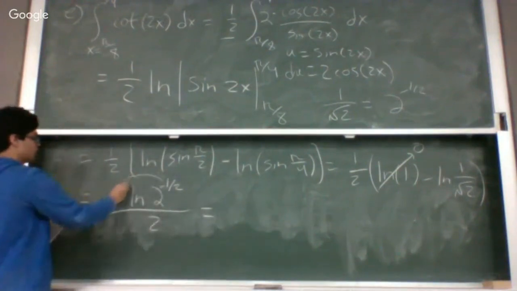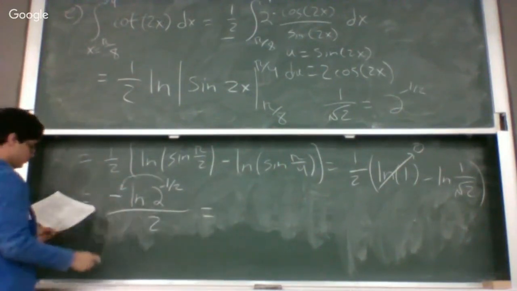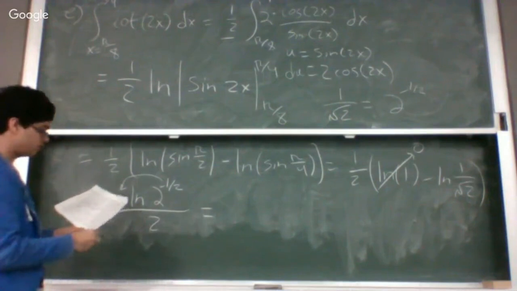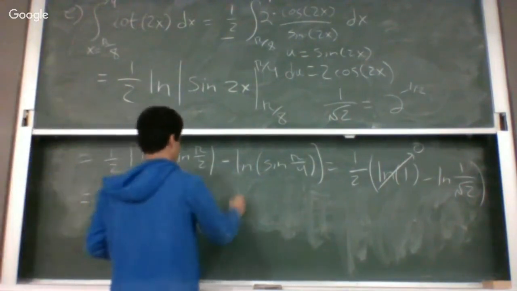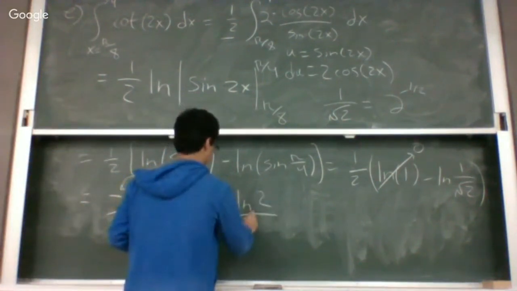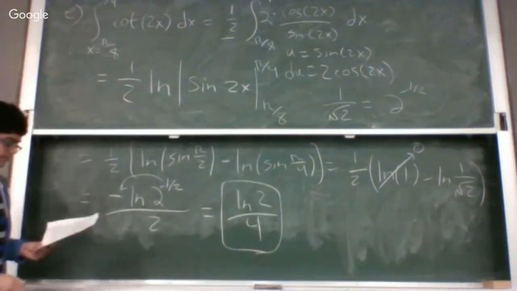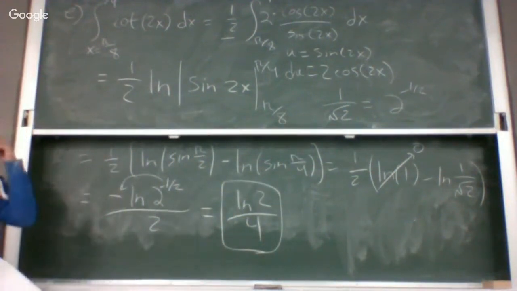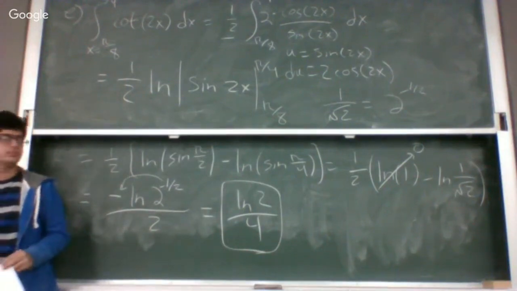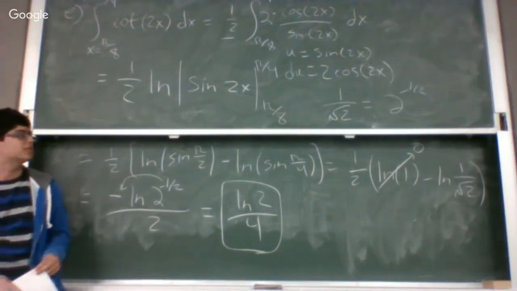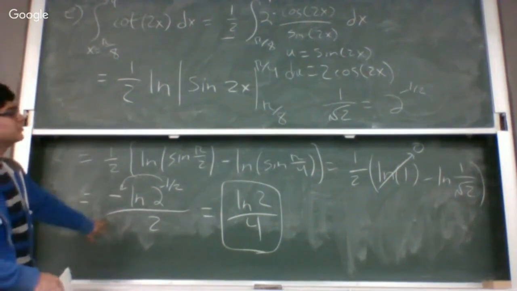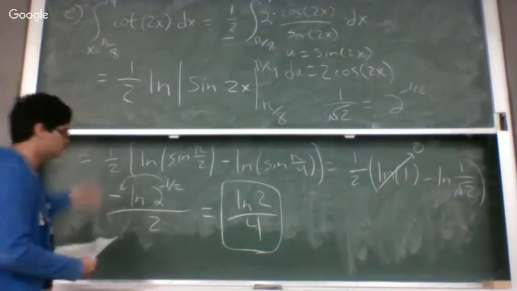We bring the minus 1/2 down. The negatives cross out or make a positive. We are left with natural log of 2 over 4. This board doesn't move, but I'll rewrite it.